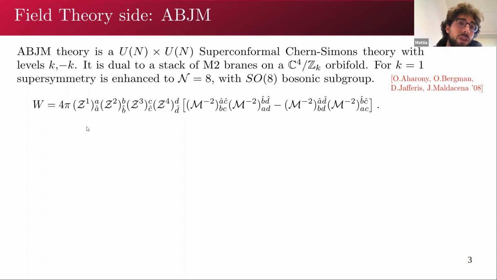The field content of the theory can be conveniently expressed in a very nice and compact way by condensing together in a superpotential the four chiral matter superfields, whose U(N) gauge indices are properly contracted with some 't Hooft monopole operators carrying negative units of flux.